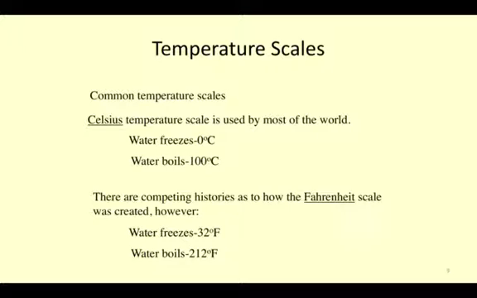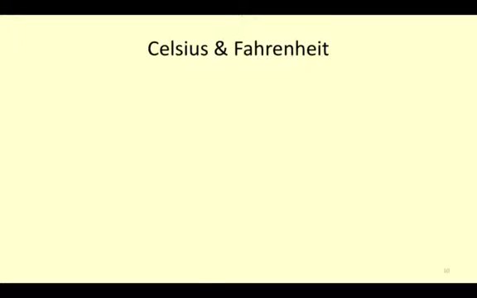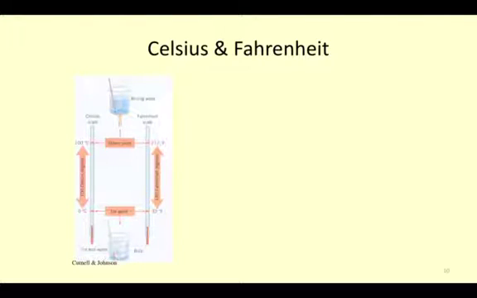We also have the Kelvin scale, which is like the Celsius scale, but it's got absolute zero, and then up. Water actually freezes at 273 on the Kelvin scale, because at negative 273 Celsius, all matter comes to an end, which is 0 kelvins.